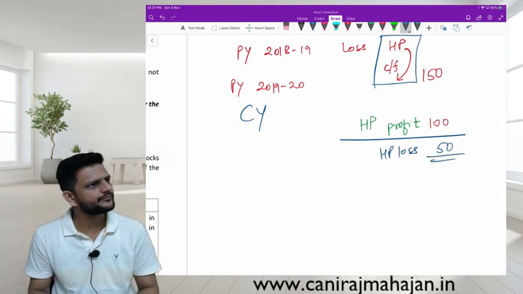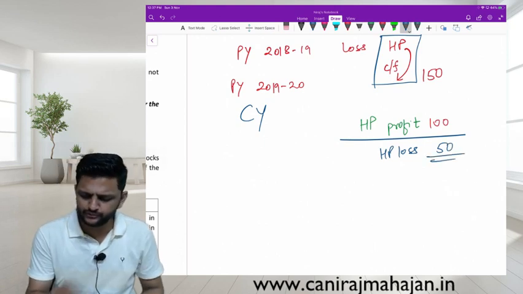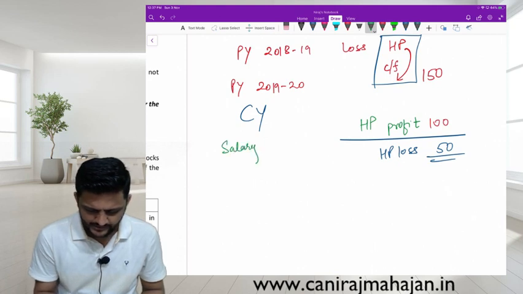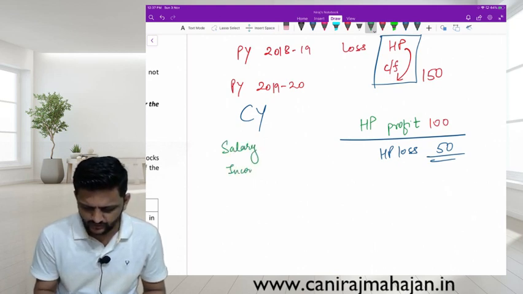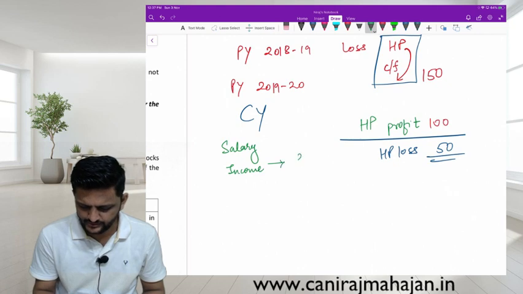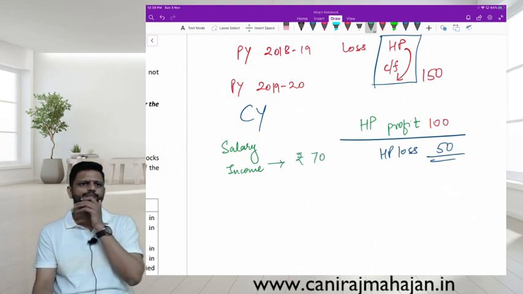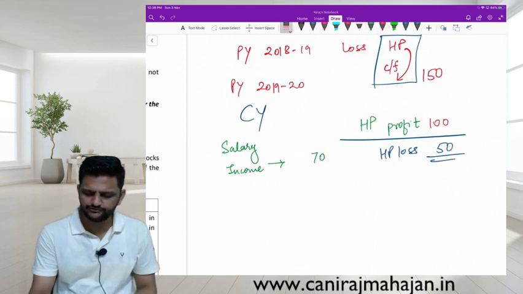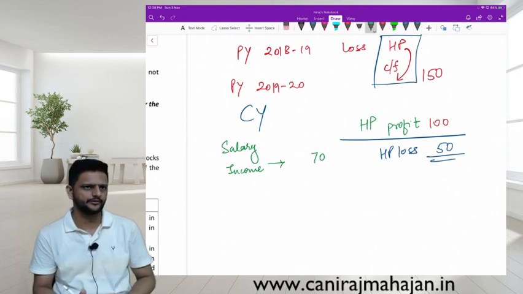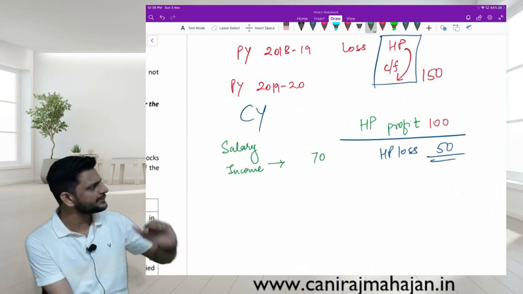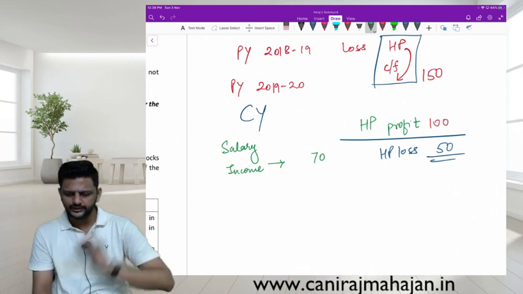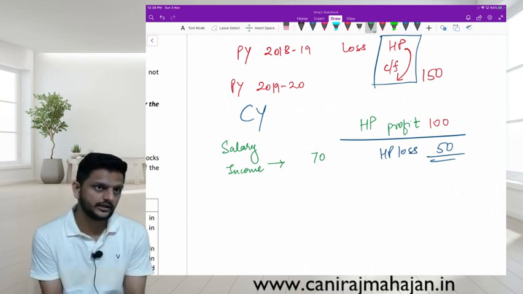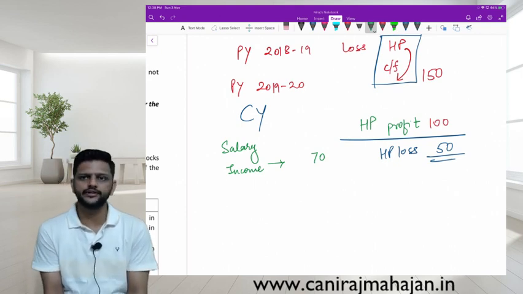Still balance. In 19-20, let me give you one more example. There is also a salary income of rupees 70. Okay? Are you following or not? Let me tell you one thing here. We always obviously give first preference to the same head of income. So yes, what you did was absolutely correct. You set off that 150 rupees against 100 rupees income in 19-20, but there is still HP loss remaining of rupees 50.